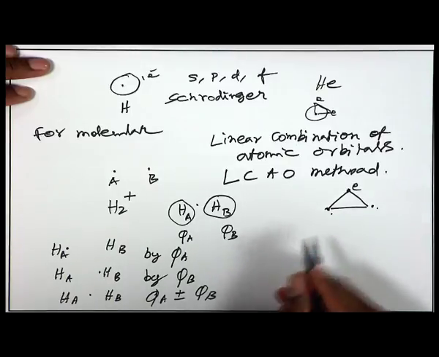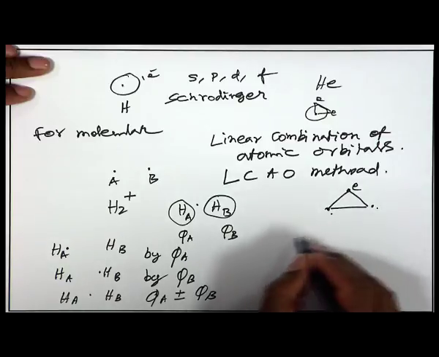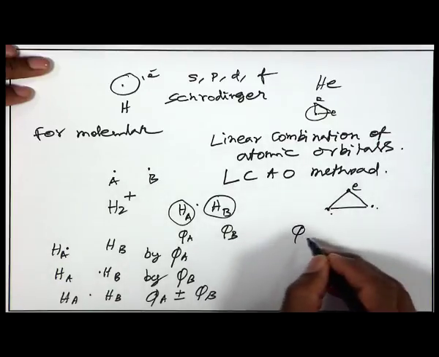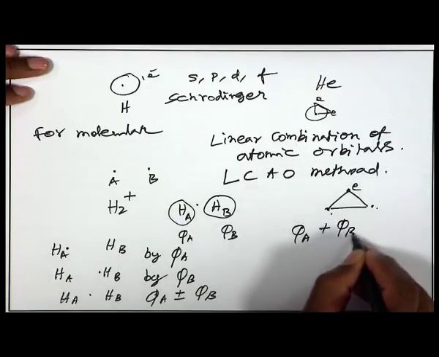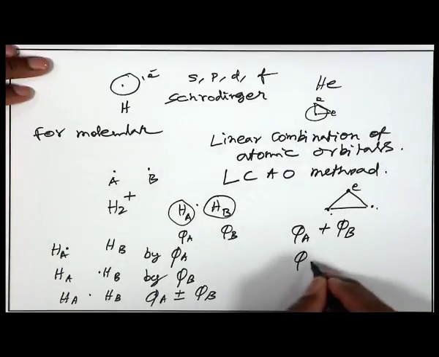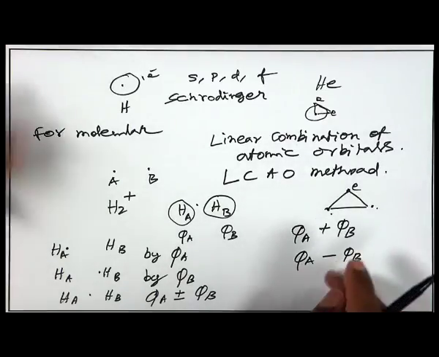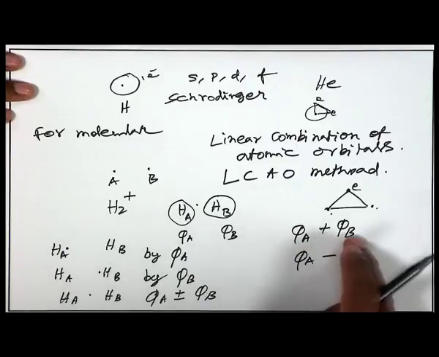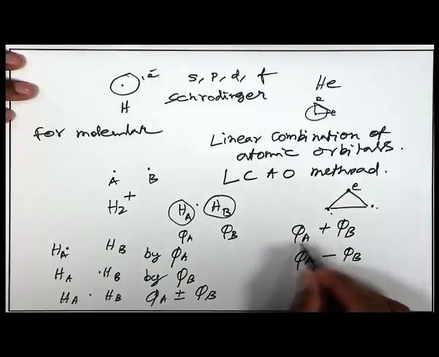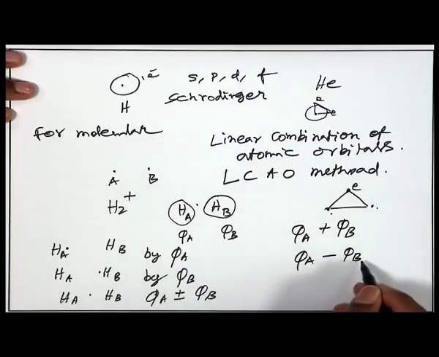So, you can write 2 equations. One equation is you simply add, phi A plus phi B. In another case, you subtract the wave functions, phi A minus phi B. That is called a linear combination. So, linear combination of 2 wave functions gives 2 equations. In one case the 2 wave functions are added, in the other case they are subtracted.